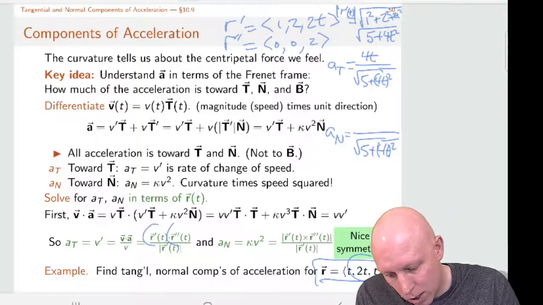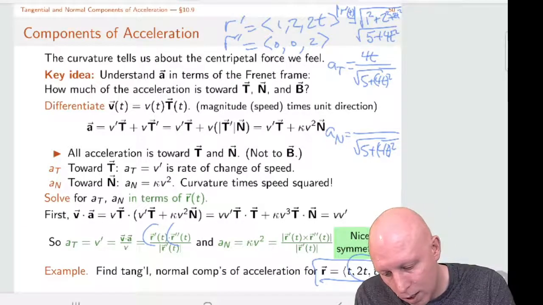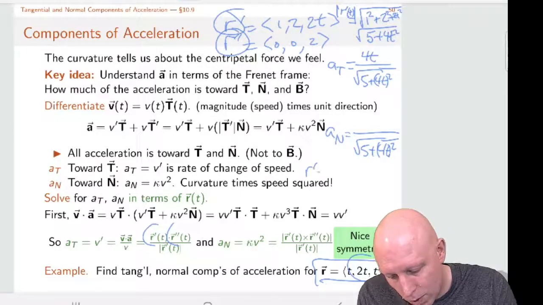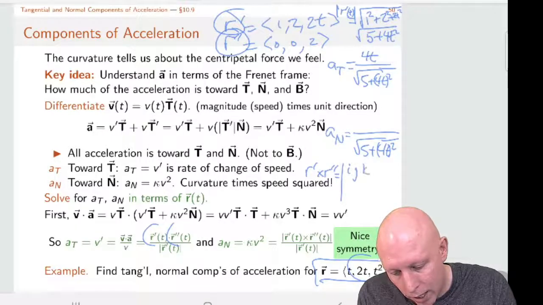And then the cross product of r primed cross r double primed. So we have i, j, k, 1, 2, 2t, 0, 0, 2, i, j, 1, 2, 0, 0.